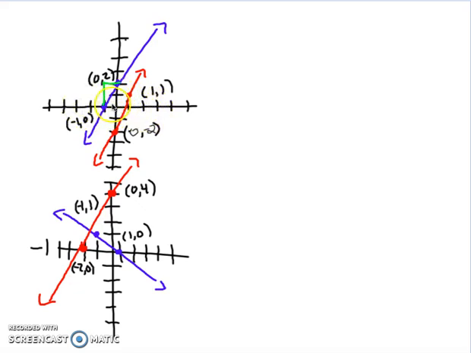One rise up to two. I rise up to and over one. So up to and over one. So the blue graph has a slope of 2 over 1. So we'll just write over here, blue has a slope of 2 over 1.